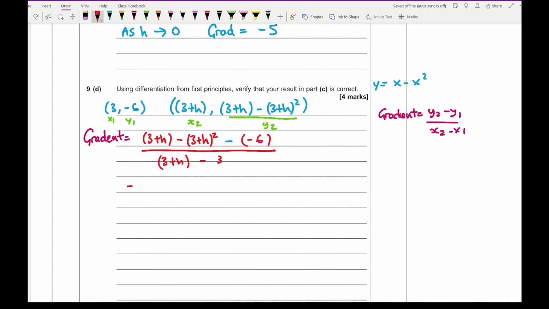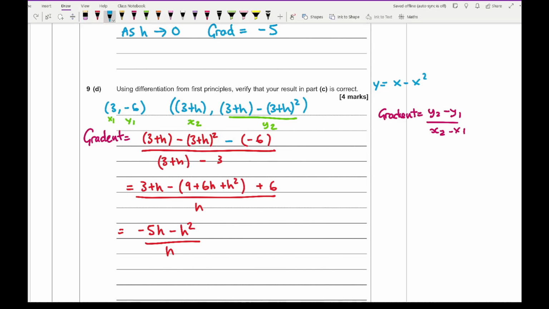Then simplifying all of this, what we get is 3 plus h minus, and then it's going to be 9 plus 6h plus h squared, and it's going to be plus 6 all over h, because the 3's will cancel. Now expanding all the brackets out, then what we end up with is -5h minus h squared all over h.